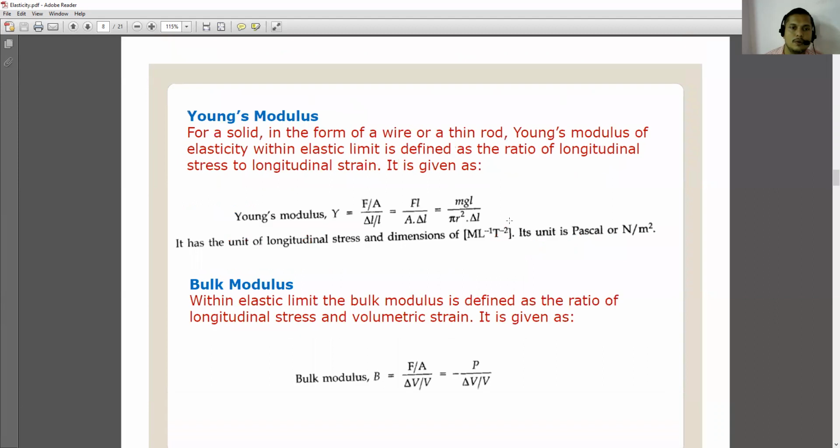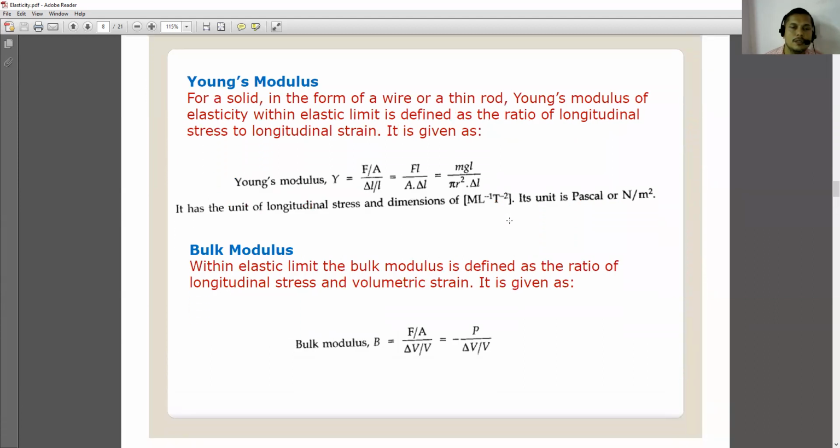Then we go for the next, Young's modulus for a solid in the form of a wire or a thin rod. Young's modulus of elasticity within elastic limit is defined as the ratio of longitudinal stress to longitudinal strain.